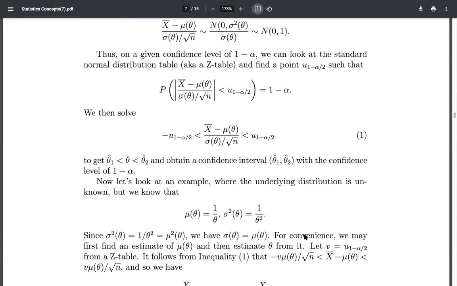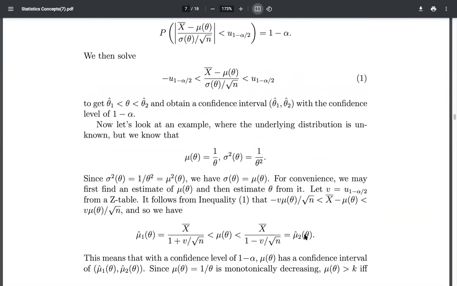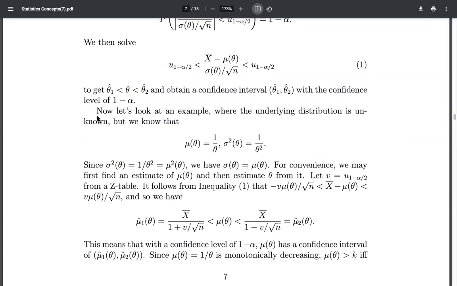So here we have an example. So we look at this. Suppose, well, this is a makeup thing. Suppose we don't know the underlying distribution, but I know that the expected value has one parameter, and the variance has the same parameter.